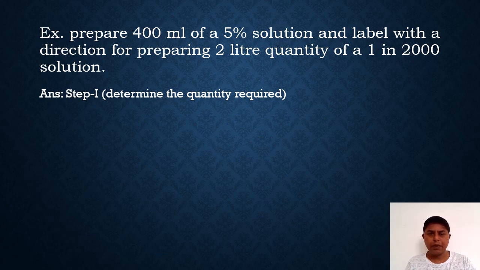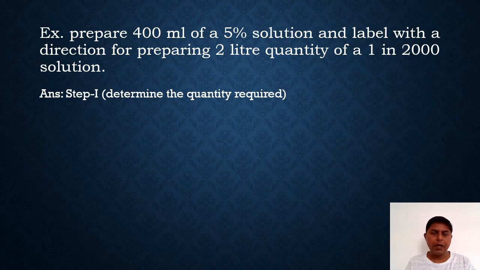In the first step, it is asked to calculate the quantity of solid required to get 400 ml of 5% solution, and in the other half, using that 5% solution, what volume of 5% solution is required to get a 2-liter quantity of 1 in 2000 solution. So let's start solving.